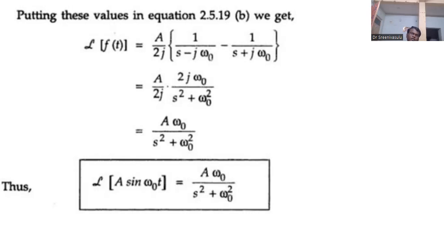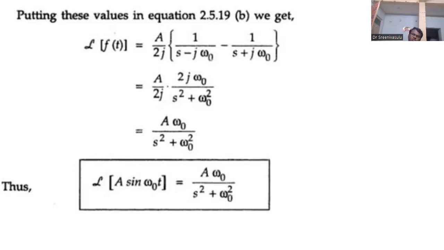So you locate a pole at sigma equal to 0, and the pole occurs at omega naught on the imaginary axis. You draw a line parallel to the y-axis; it is the ROC. Or you can simply write real part of s is greater than 0, because sigma is equal to 0 here.